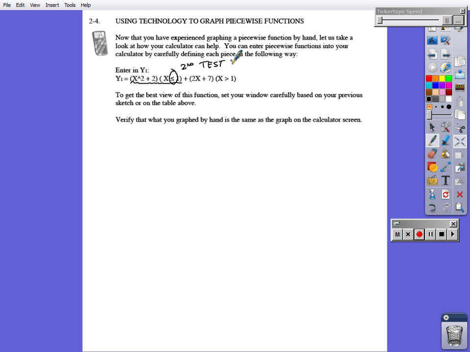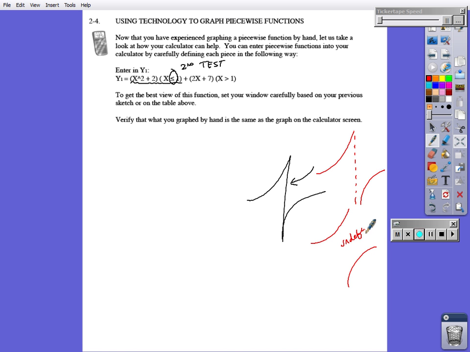Now, again, the problems that we found with asymptotes, remember when we graphed hyperbolas in Algebra 1, the calculator would always draw in the asymptote, even though, when we graph it by hand, we use a dotted line to represent that, or technically speaking, there is no line there because it's undefined. Same thing works for these piecewise functions.